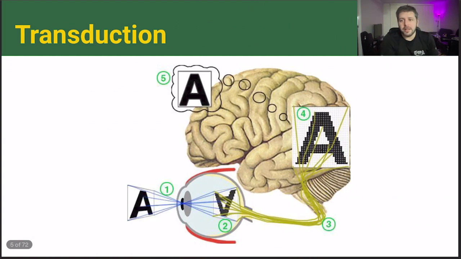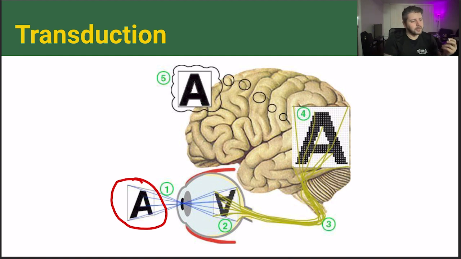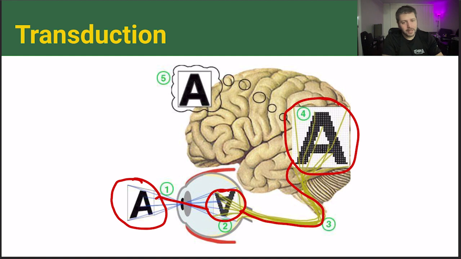So transduction is the property whereby absorption of light in the eye, specifically in the retina, is transformed into electrical signals that then reach the brain. What we see here is an outside stimulus, the letter A, entering the eye, and we have an inverted projection, which I'll explain why that is the case in a sec. Then this will travel down a visual tract and end up at the back of the brain in primary visual cortex, and then onto higher order areas here.